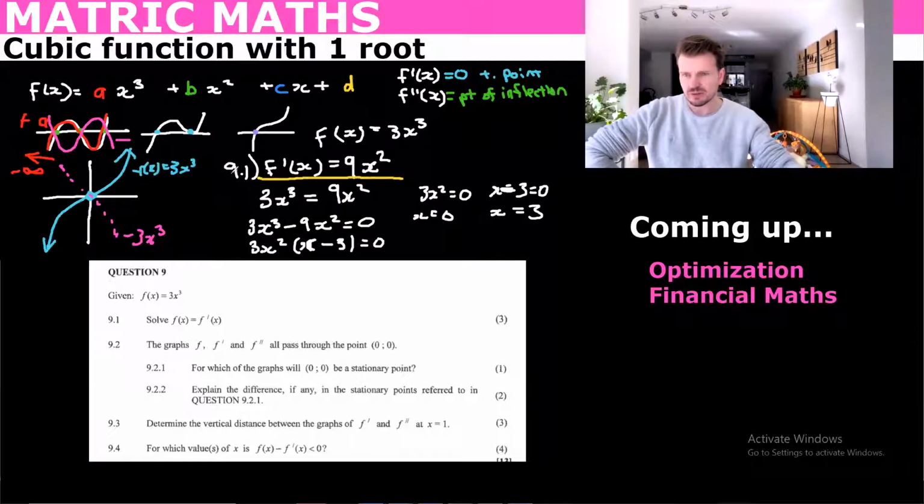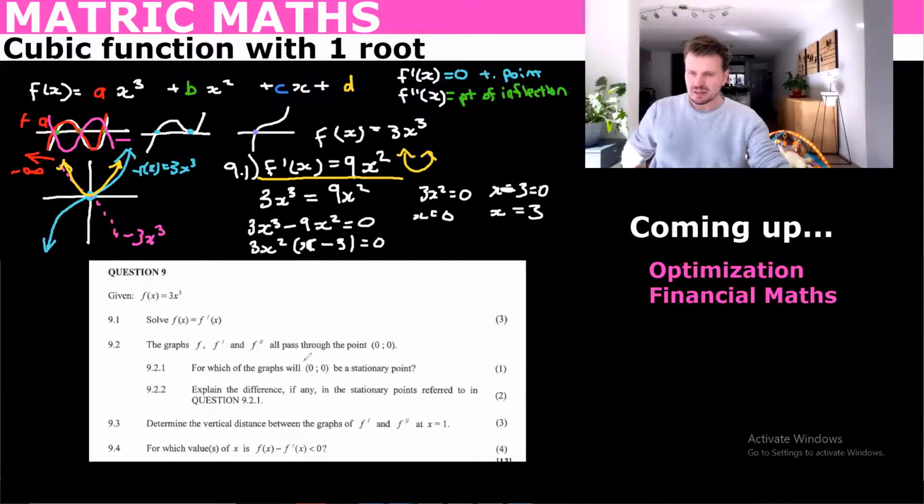If I draw this as a parabola, it's a smiley face parabola that goes like this, because it's always positive. When x is negative, negative 1 times negative 1 is positive. So this is a smiley face parabola, and so yes, I get a stationary point for f dash of x.